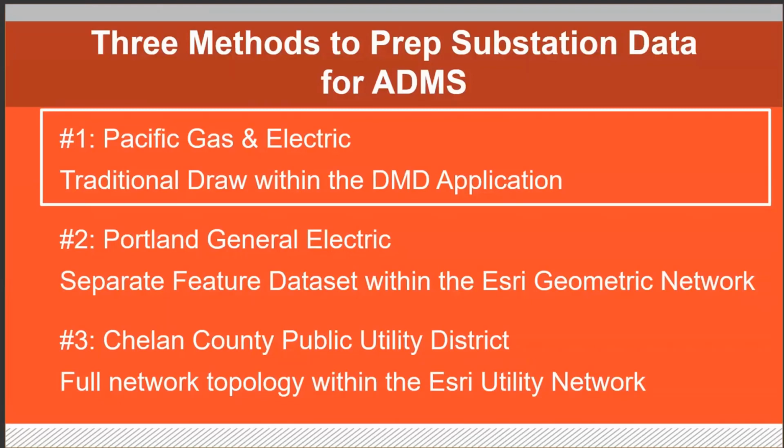And then finally, Ray Hani will tell you a little bit about his confidence in power and why Chelan County decided to utilize the tiered structure of Esri's utility network to create topology entirely within a single connected GIS model.